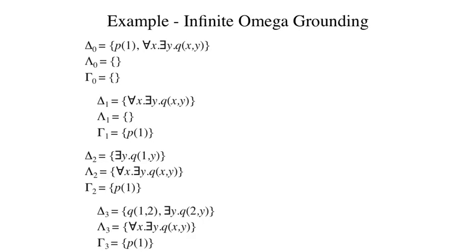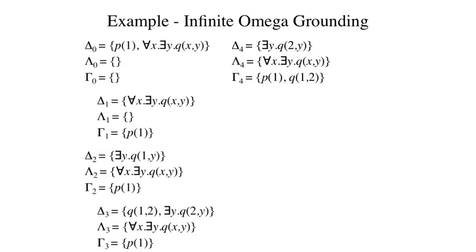Next, we ground the existential sentence using a new constant, in this case 2, and add that result to delta. We also add a corresponding instance of the universally quantified sentence in lambda. Our ground sentence is then moved to gamma.